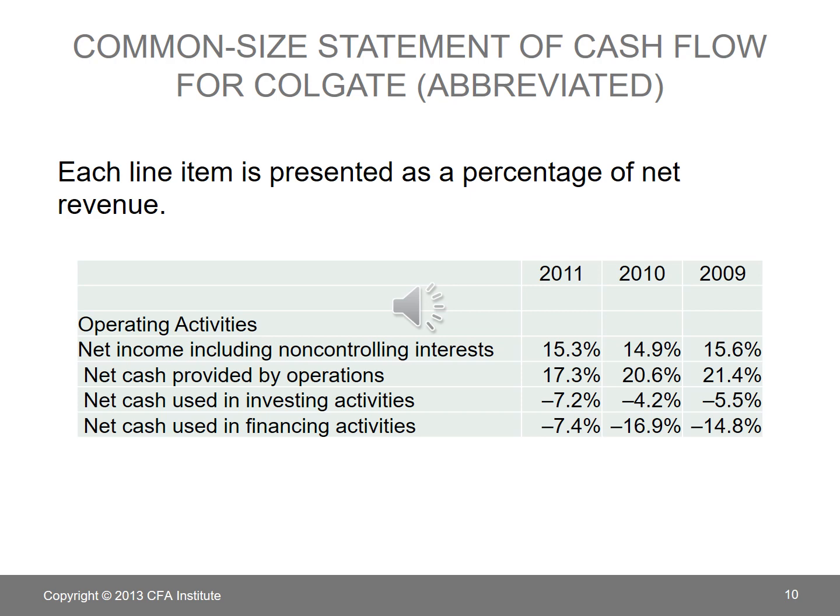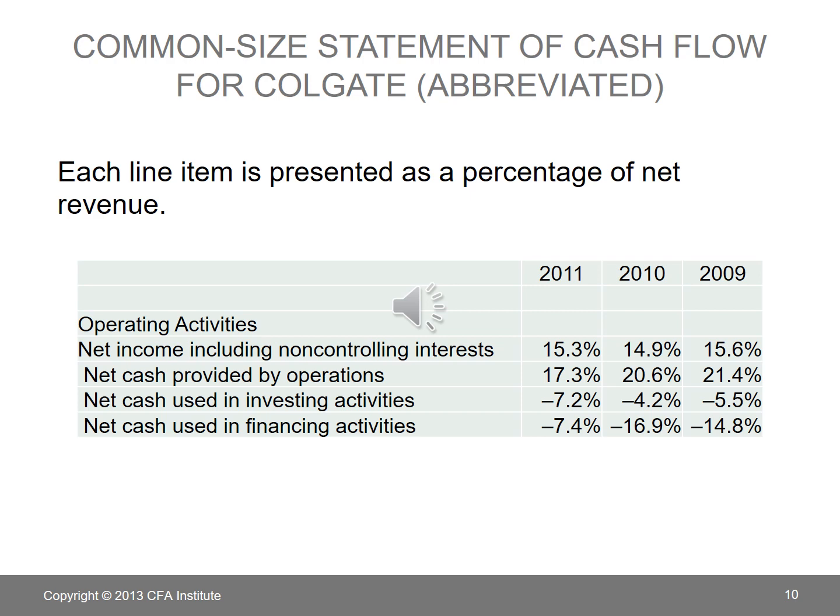The investing cash flows as an absolute percentage of net revenues are higher in 2011 than in previous years. And as discussed, this mainly reflects the Cenex acquisition in 2011. And financing cash flows as an absolute percentage of net revenues are lower in 2011 than in previous years.